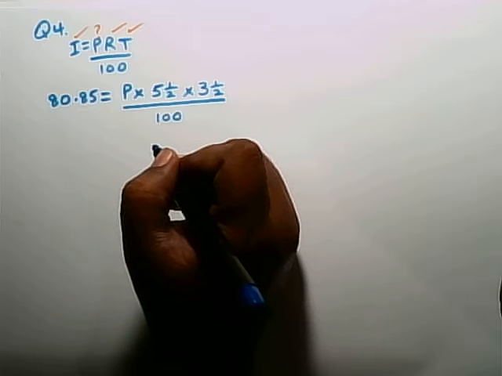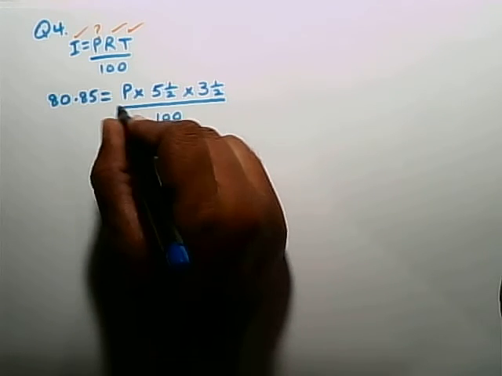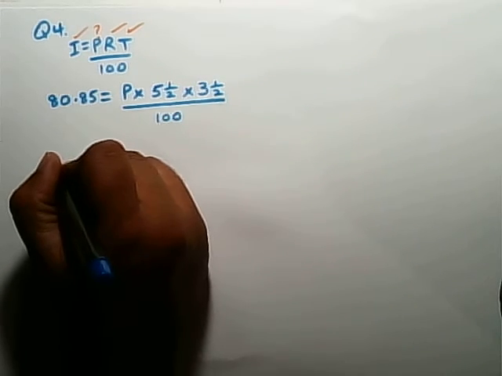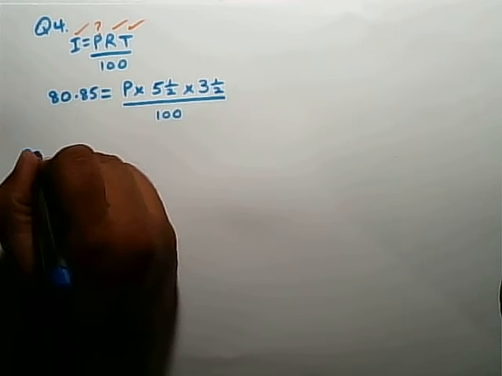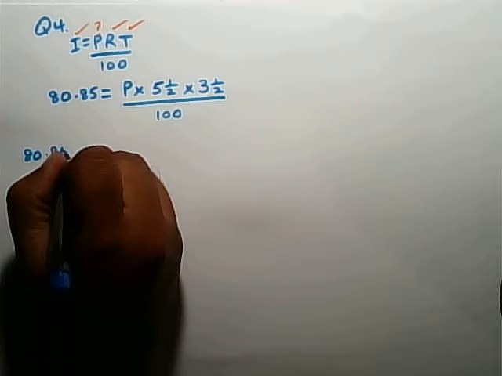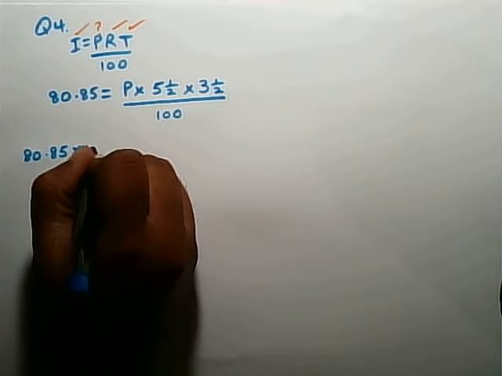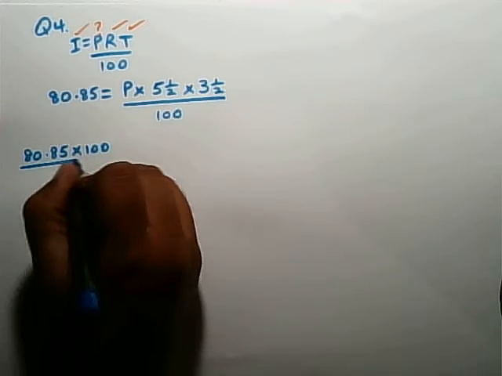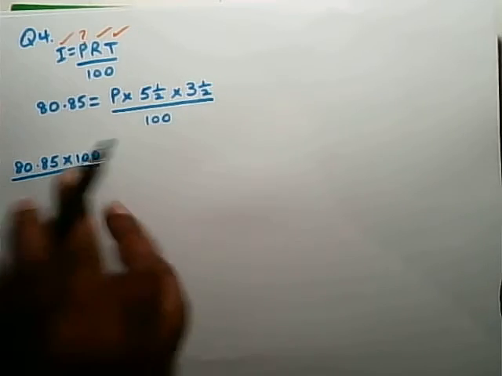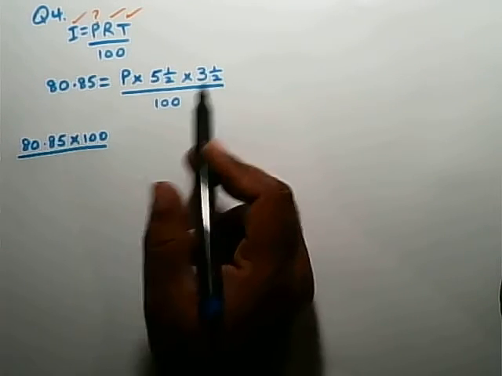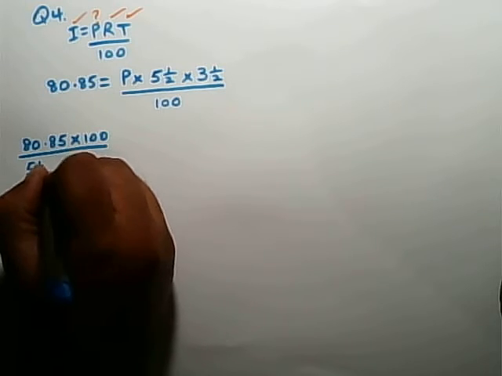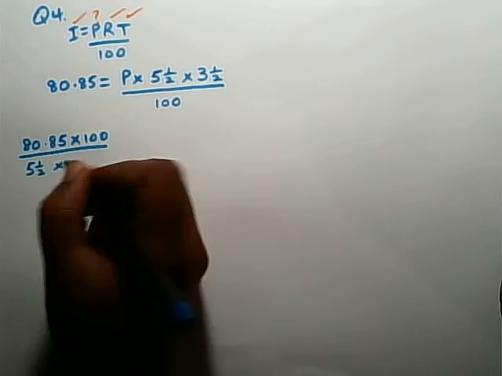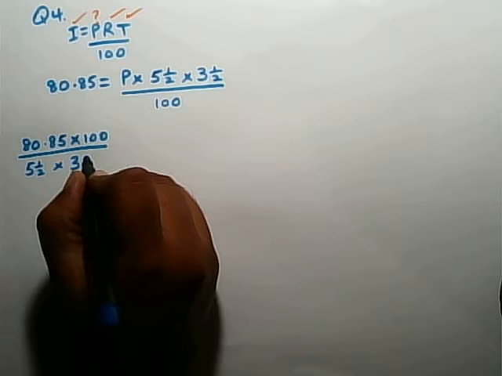Again, we rearrange. That 100 goes up here. So we end up with 80.85 times 100 above. And we end up with the 5.5 times 3.5 below, which is 5.5 times 3.5.